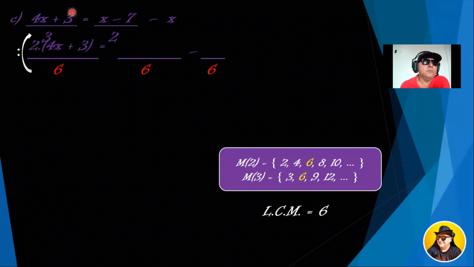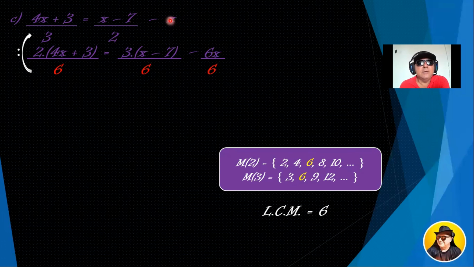So I'm going to multiply that. So 6 divided by 2 is 3. And 3 times x minus 7. And here I have a monomial, so I can multiply this. 6 divided by 1 is 6. 6 times minus x, I have minus 6x.